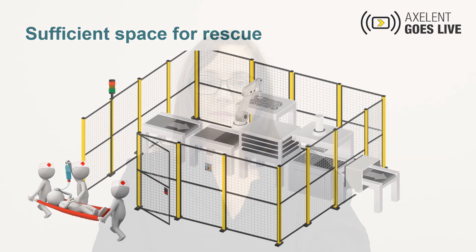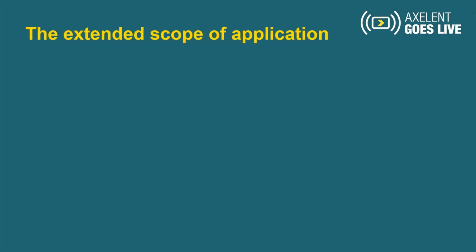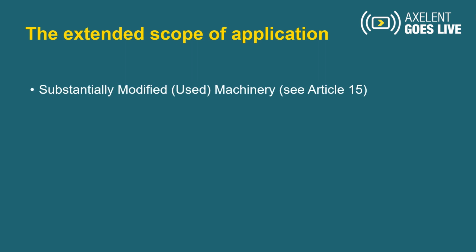Could you briefly bring us up to date on the other changes that you mentioned earlier? Yes, of course. One very important change is the extension of the scope of application of the machinery regulation when compared to the directive. The machinery regulation now also applies to remodeled used machinery. If somebody substantially changes a machine's safety concept or adds new hazards, he must comply with the regulation.